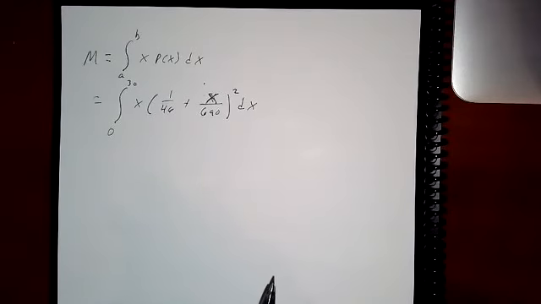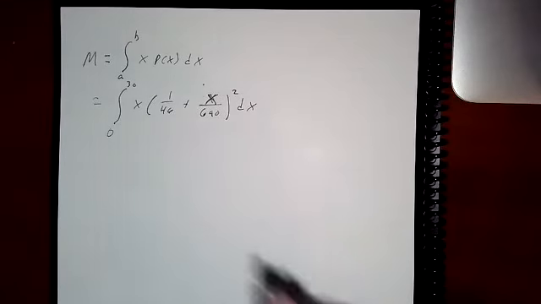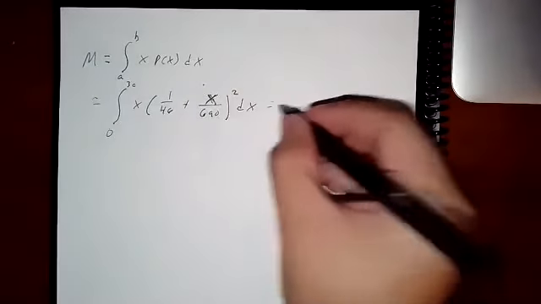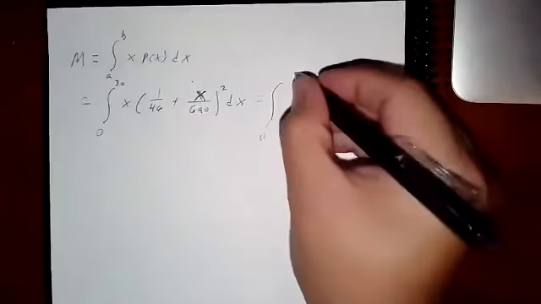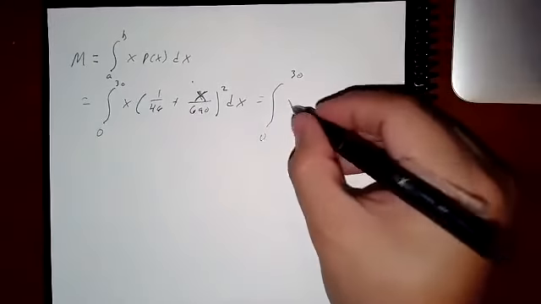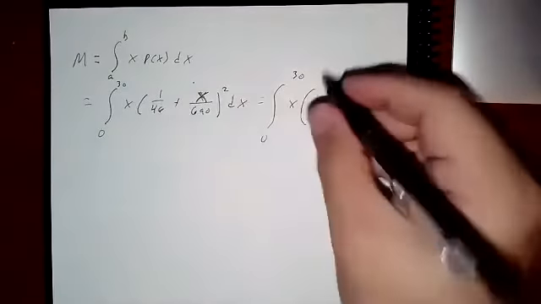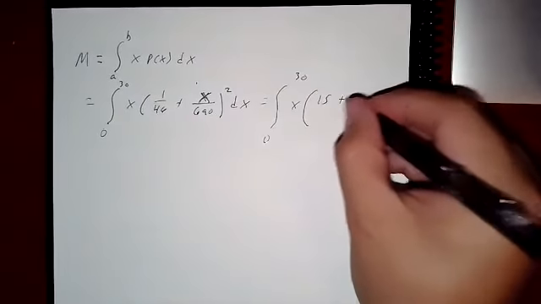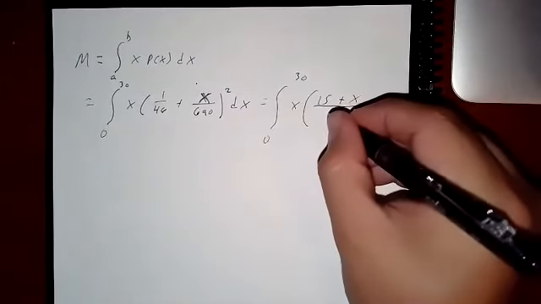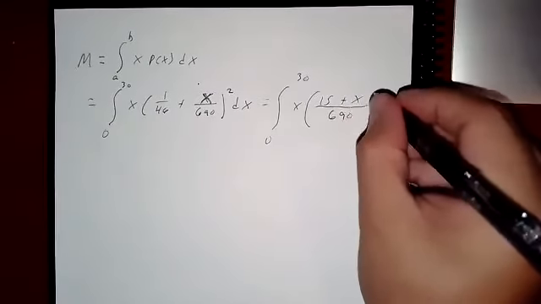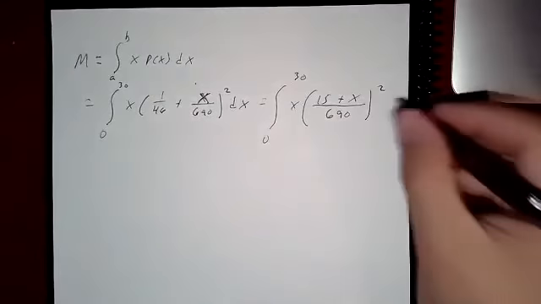Let's see. Yeah, so let's combine those fractions real quick, just so you can see. So multiply this by 15, that will give me 15 plus x over 690 squared.